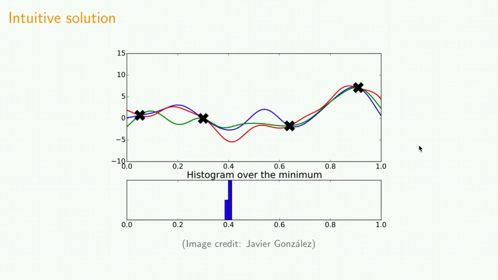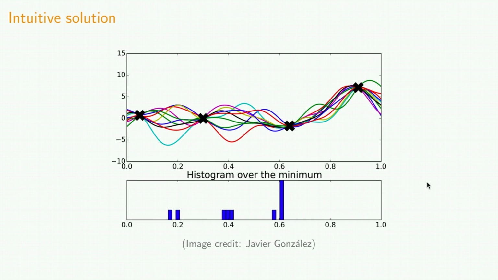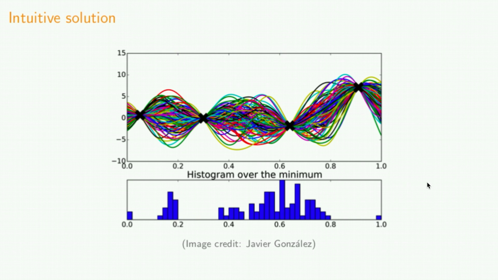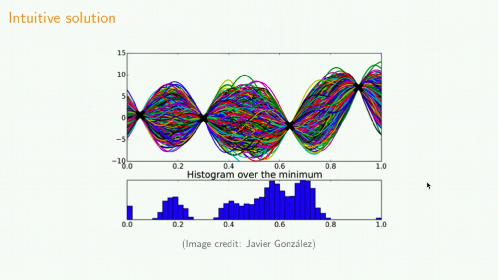We can draw 3 functions and record the minimum, compute a histogram, and so again we have 3 observations near 0.4. And we can continue. This is with 10 draws, and we see that we can gradually build up the histogram of where the minimum is, and continue this process for 100 and 1000 draws.